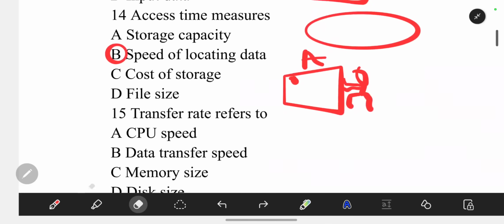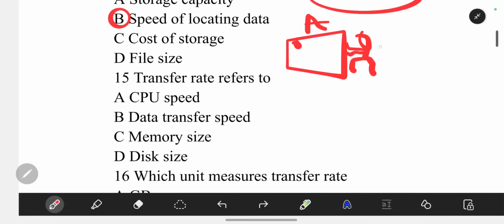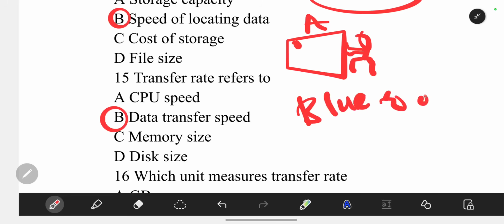Then when we look at our number 15, we have transfer rate refers to. So this is very simple. Transfer rate has to do with the data transfer speed, how fast the data is being transferred. So let's compare. Bluetooth has got a lower transfer rate.